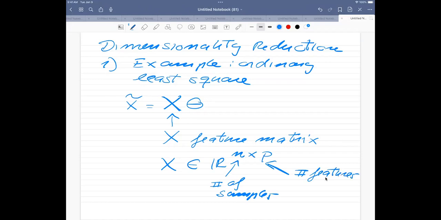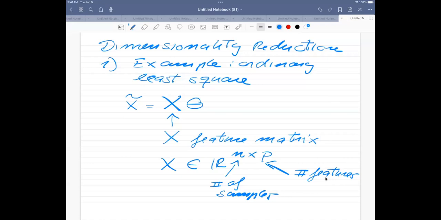If you're thinking of this X as representing data about house prices, you could have one column with the number of rooms, one column with the price, and one column with the number of bathrooms, etc. These are all the features which characterize the price of a house, just to give you a simple example.